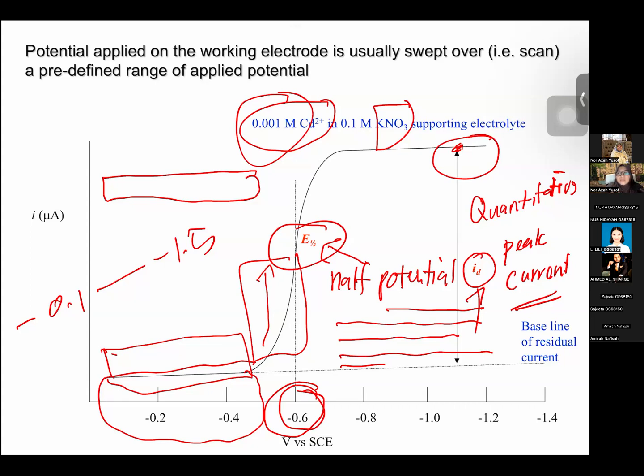But if you are studying something you don't know, the E half, or the half potential, can be an indicator of what is inside the solution. It might not be as accurate as HPLC or GC, but it can give you some idea of what the material inside the solution is at 0.6. So this is voltammetry.